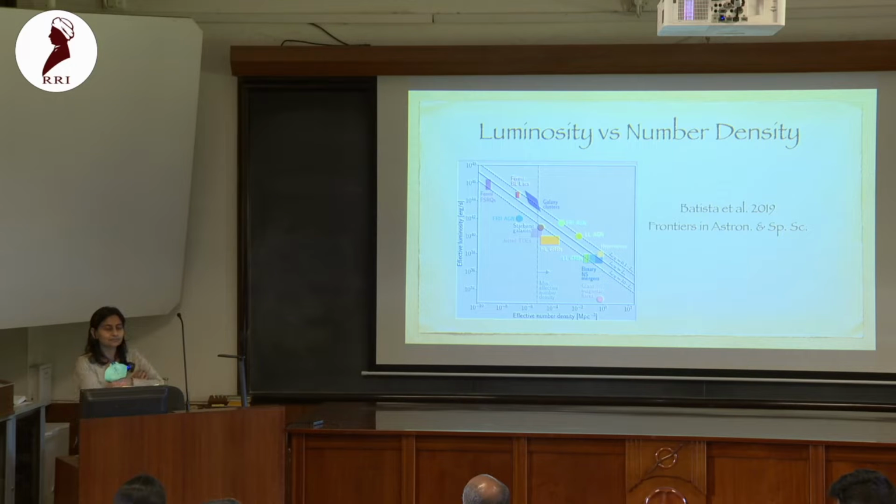Yeah, UHECR, I guess. And one of the things that has always been curious is whether there is a stochastic background of this, or whether one is able to pinpoint the furthest redshift from which these things come.